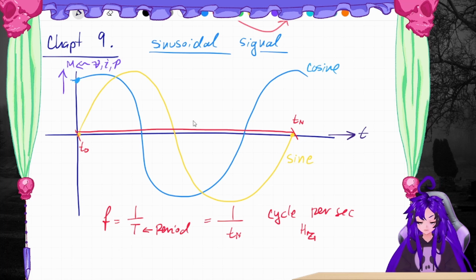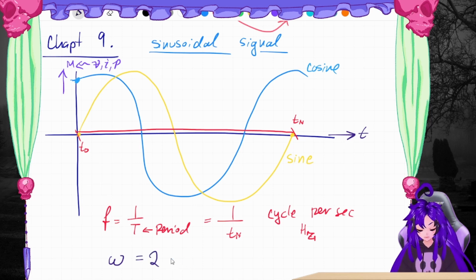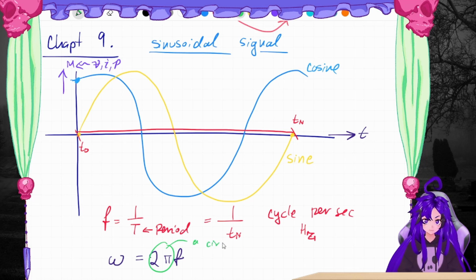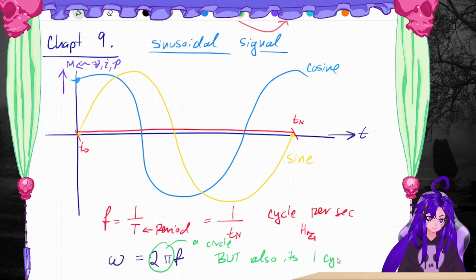So we created this omega, which is the angular frequency. And what it is is 2 pi times the frequency. So why? 2 pi is a circle, but also it's one cycle of sine or cosine.